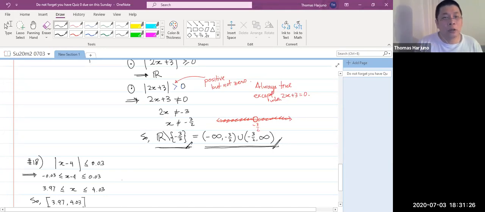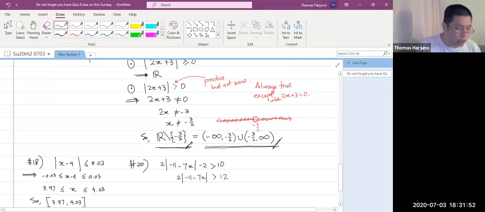Number 20, what happens if you have other things getting together? Isolate the absolute value. 2 absolute value of negative 11 minus 7x, minus 2, greater than 10. So 2 absolute value of negative 11 minus 7x greater than 12. You see my inequality sign, I still keep it the same, just like the equal sign in an equation.